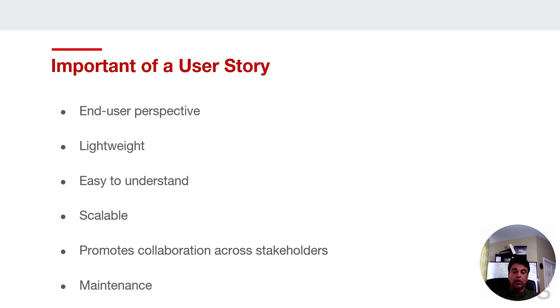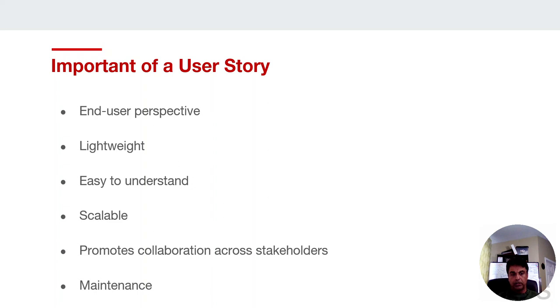The idea is to write the story and promote discussion around that story. So it's not just like I write a story, I give it to developers and they start coding and my job is done, right? As a BA, we write a story, but the idea is to collaborate with all the stakeholders so that it promotes discussion and we can make sure that every single stakeholder is on the same page when we talk about the requirements.